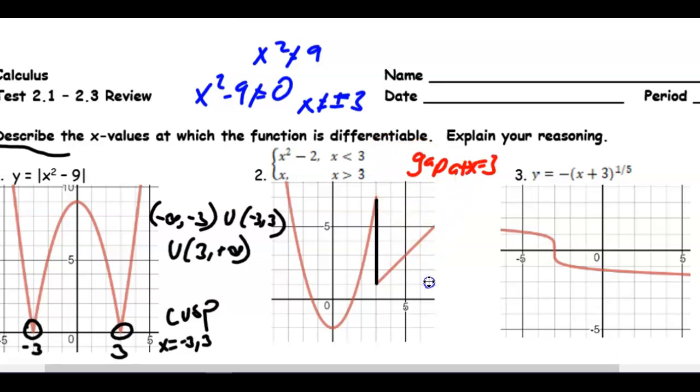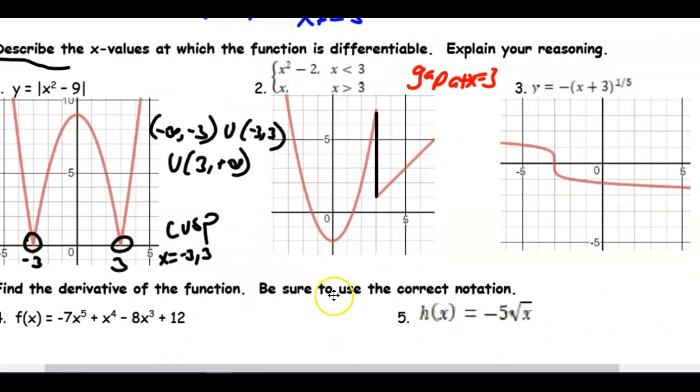So how is this defined? I'm sorry, I keep saying defined, I mean differentiable. We're going to say negative infinity to 3 and 3 to positive infinity, because right there at 3, there's a gap.